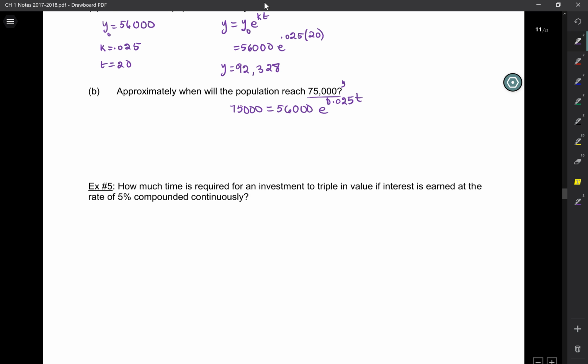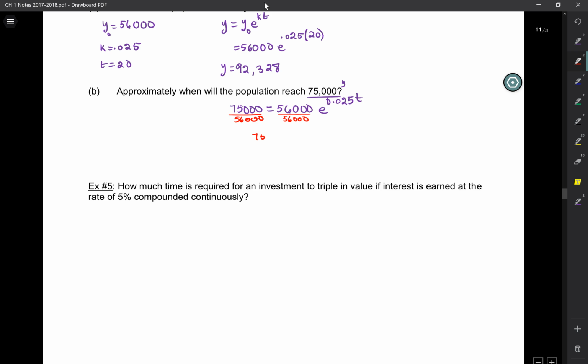So now, first, let's divide by 56,000. So 75 over 56 is equal to e to the 0.025 t.